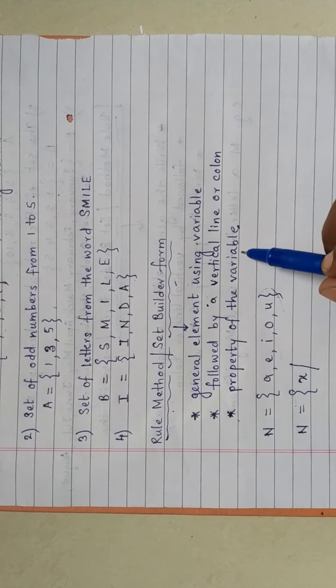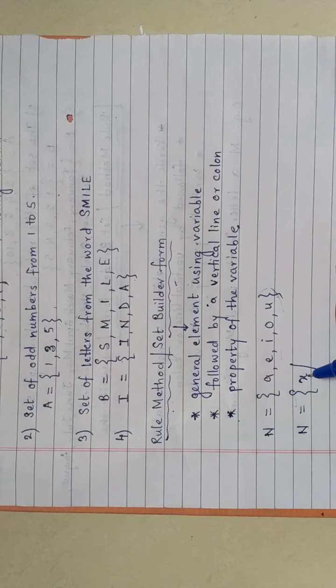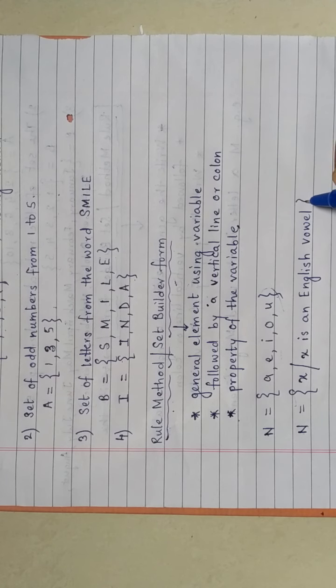And then we write the property of the variable. What is the property of this variable? x is an English vowel. And we complete the set. Once again, how do we read it? N is the set of all x such that, this vertical line we read as such that, x is an English vowel.